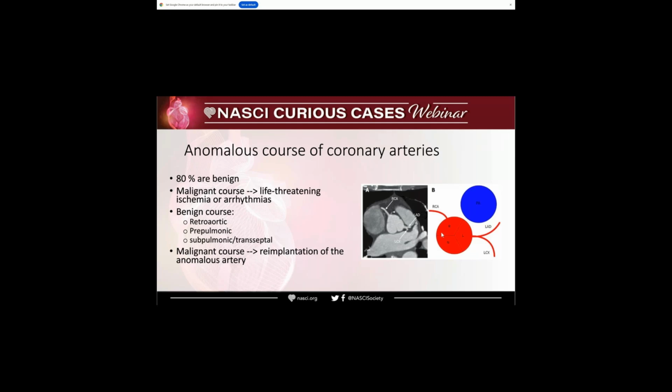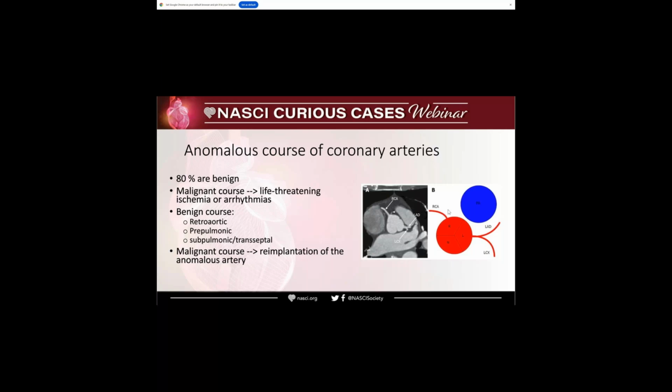What matters is less the origin of the vessel, and the course of the artery matters more. So this is the aorta, this is the pulmonary artery. If the course is in between, that can affect the hemodynamics of the vessel and can induce ischemia.